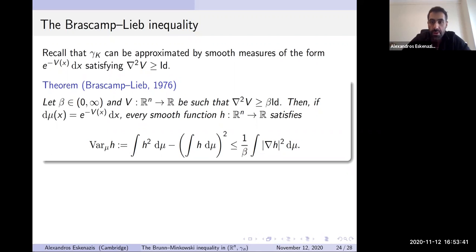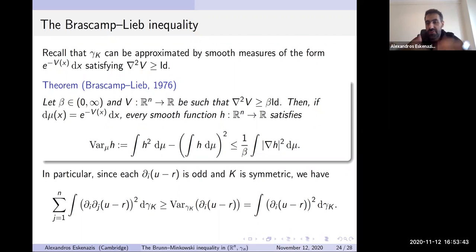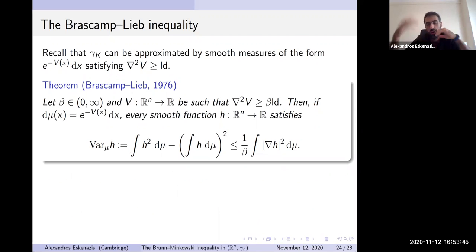So in particular, since these are just integrals, we have the same property for the measure gamma k, since it can be approximated by such measures in a weak sense.